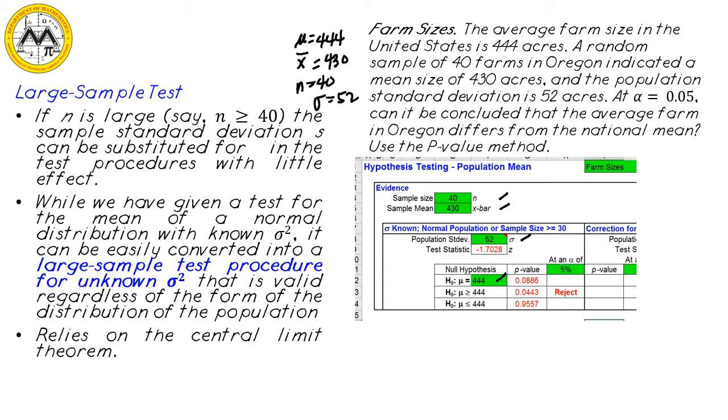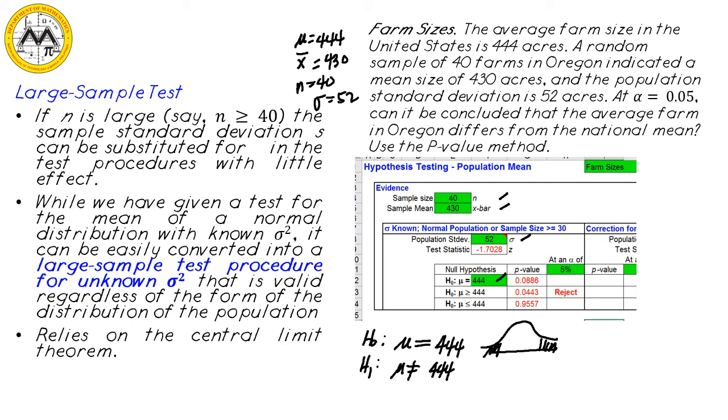Can it be concluded that the average farm differs? So not equal to 444. It is different from 444. So the null hypothesis is that it is equal to 444, and we have a two-tailed test.